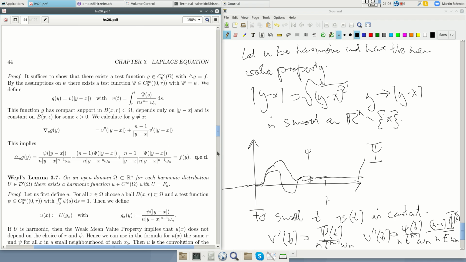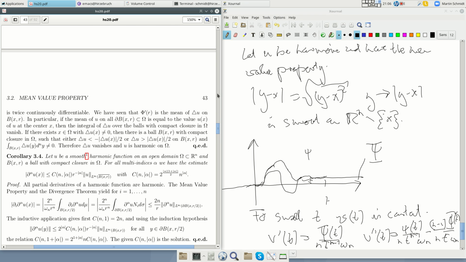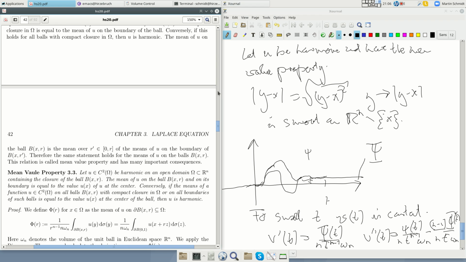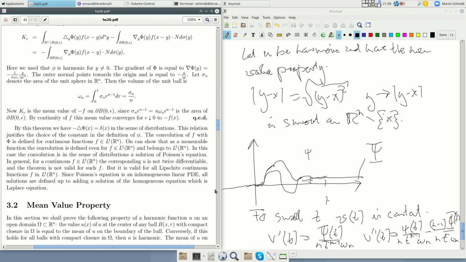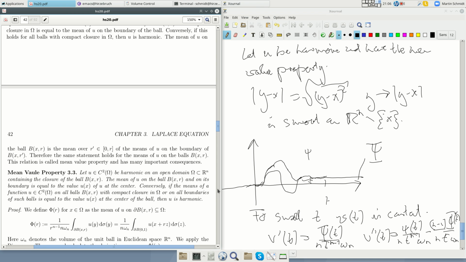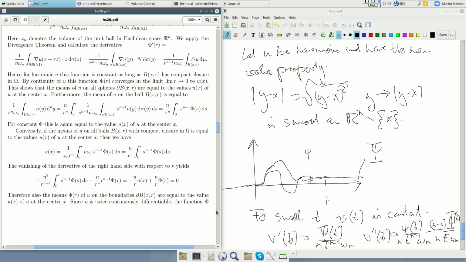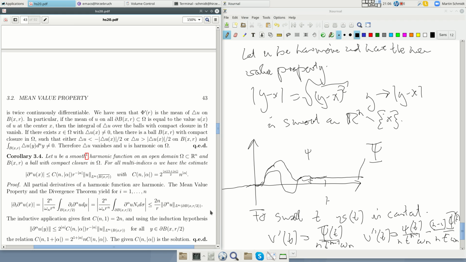Okay, there we stop. Next time we'll show the reverse. So let's recall what we have done today. We introduced the mean value property. We showed both directions, and we gave a complete characterization of harmonic functions. We proved this with this very nice trick using the divergence theorem and the mean value.